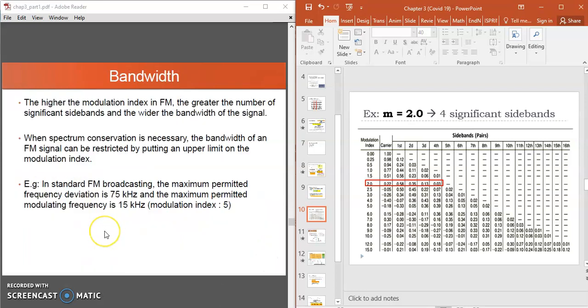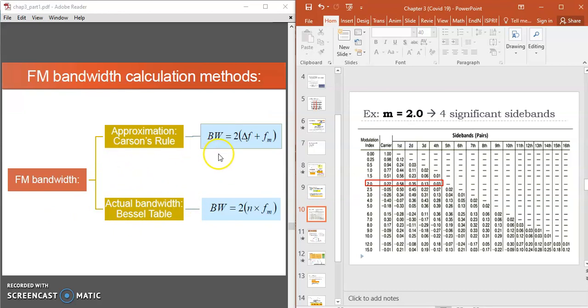How about the bandwidth? Remember in AM we also analyzed bandwidth. FM is the same. For bandwidth we have the Carson rule: bandwidth equals 2 multiplied by delta F, the frequency deviation, plus FM, the information frequency.